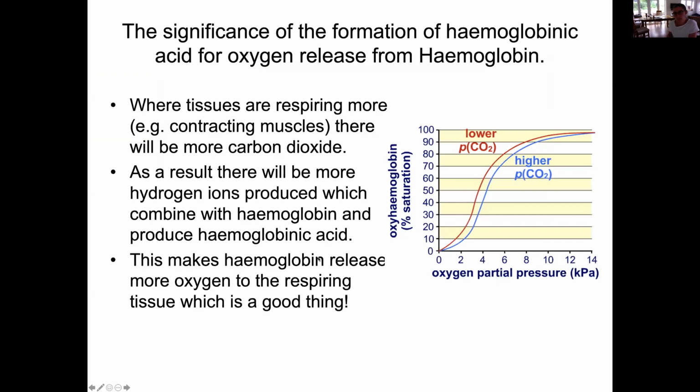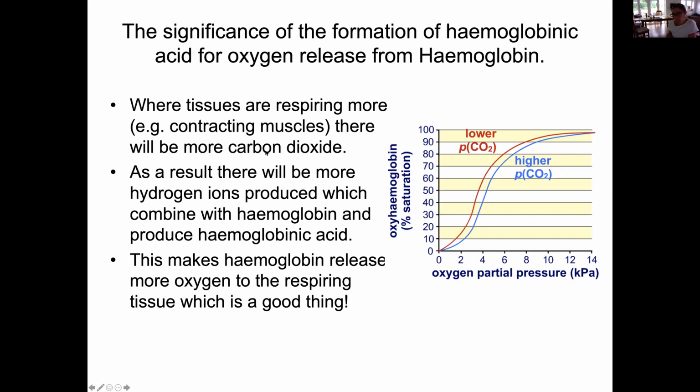Now, the really important thing about this, and this is where we see it represented on graphs when we talked about the Bohr effect and oxygen dissociation curves, is that when tissues are respiring more, say you've got a big muscle group doing lots of active contraction, there's lots of cellular respiration going on there, so that tissue is going to produce more CO2.